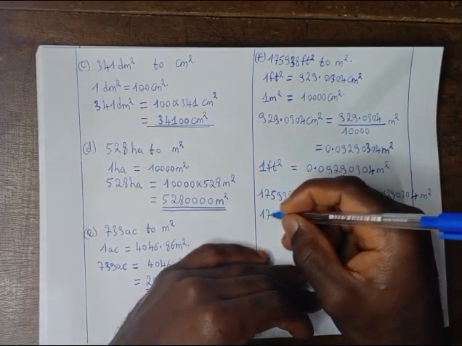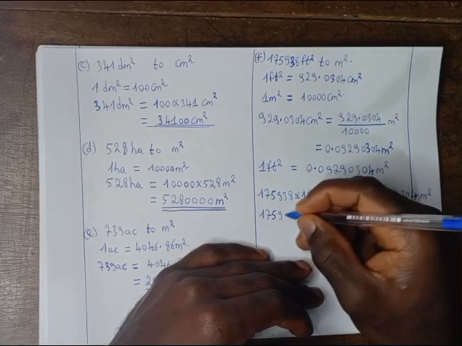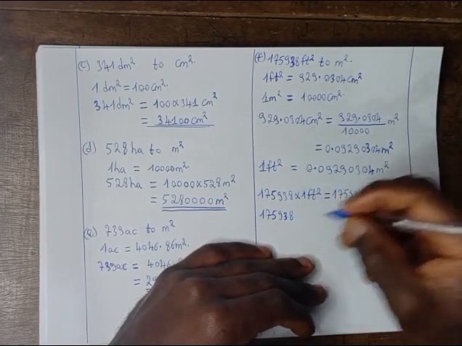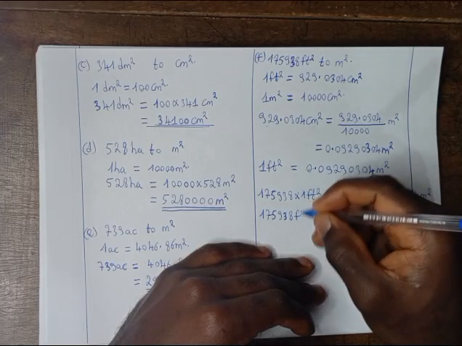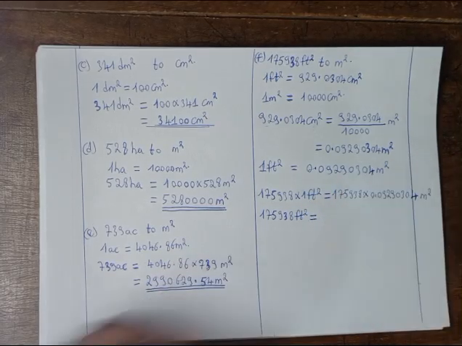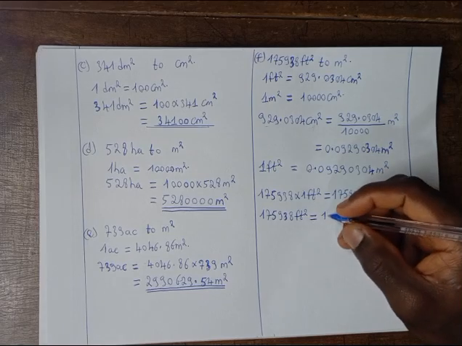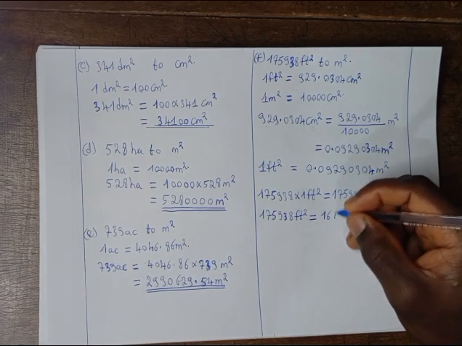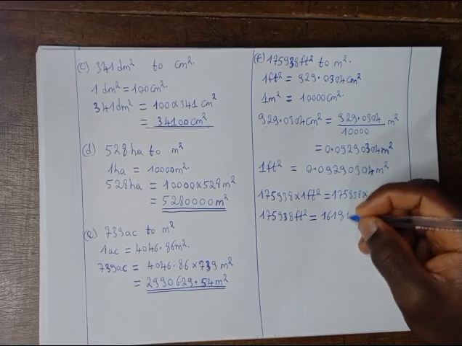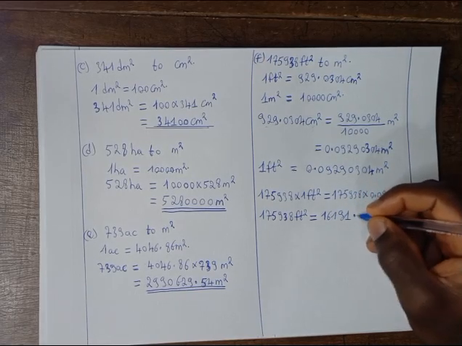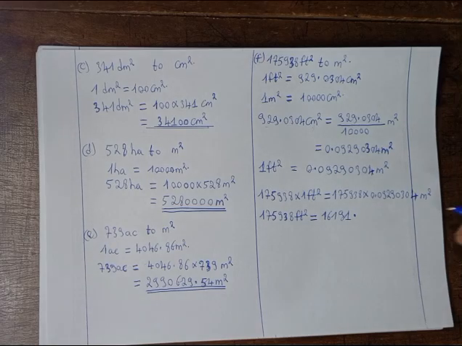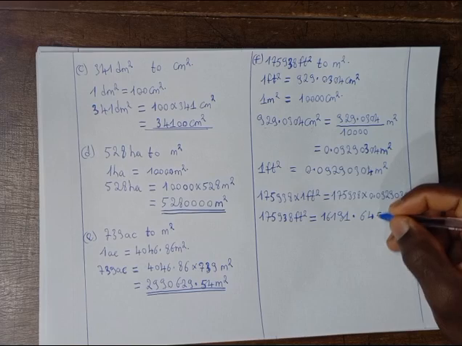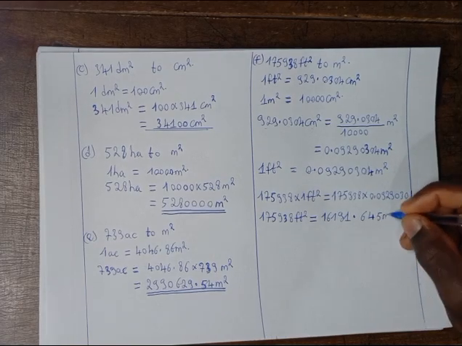Multiplying this will give us 175,938 foot squared will simply be equal to 16,345. I'll give it to 3 decimal places, 0.645 meters squared.